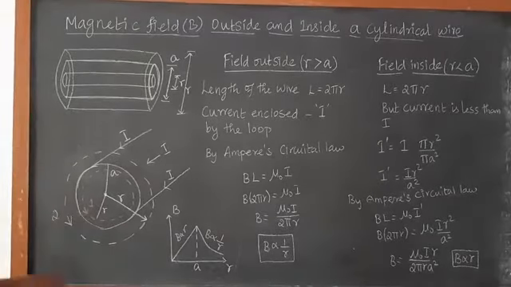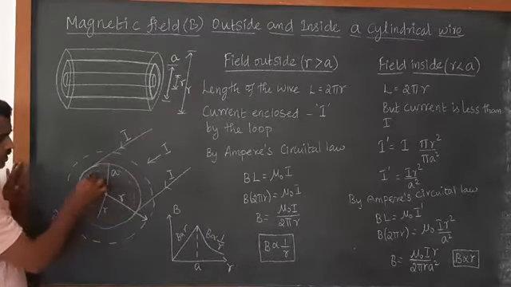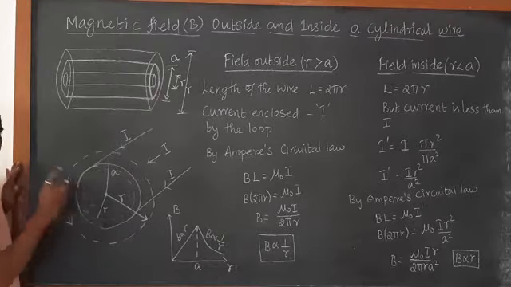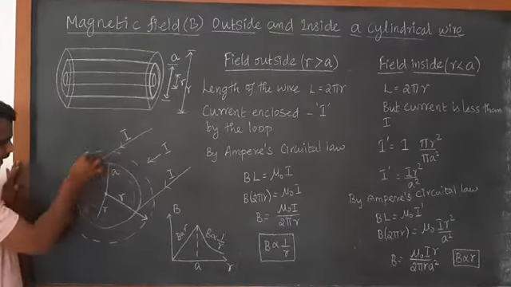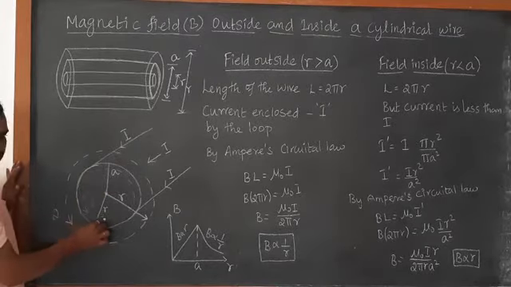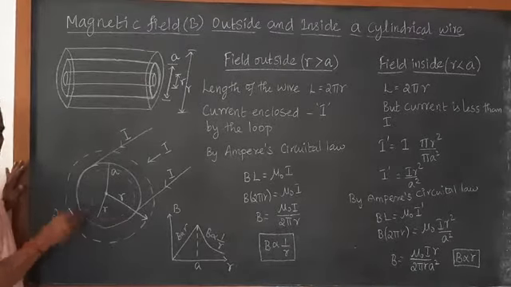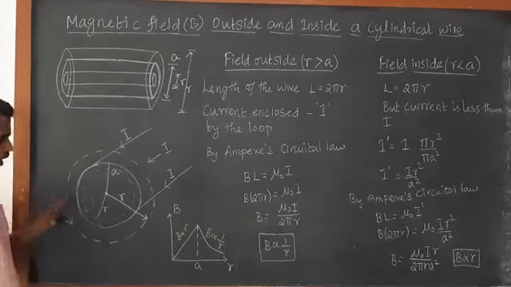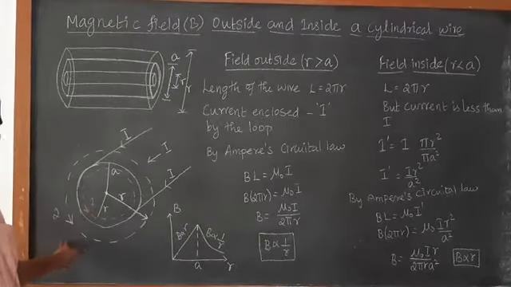I am considering the first Ampere loop, number 1, which has a radius of r, and the second Ampere loop, which is outside the wire. So I have chosen two different Ampere loops, one inside and one outside. Now we are going to find the magnetic field inside as well as outside.